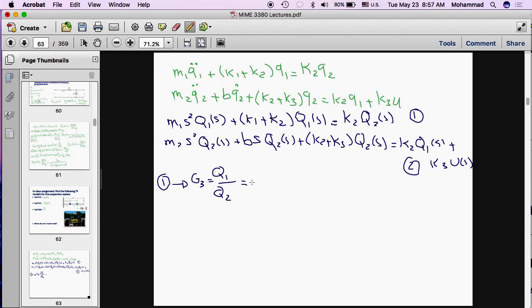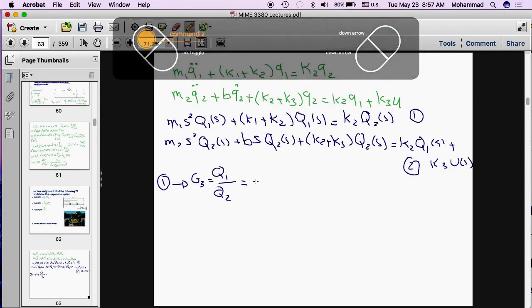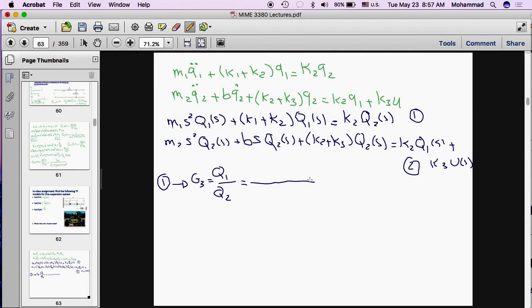What goes in the numerator and what goes in the denominator? The numerator is what is multiplied by Q2 already, which is K2. The denominator is what is multiplied by Q1 in equation 1. It is m1 S squared plus K1 plus K2.